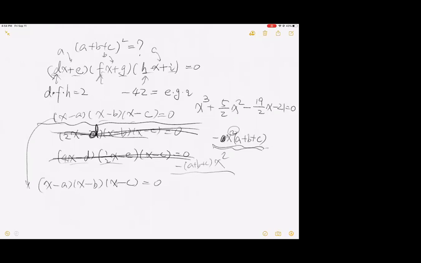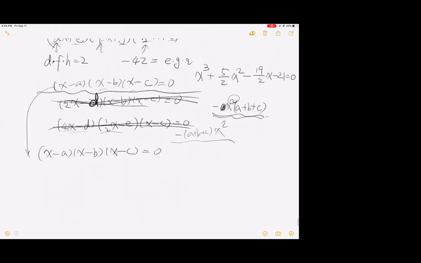To get the product, you must multiply every term out. First you multiply x by x by x to get the x cubed term.